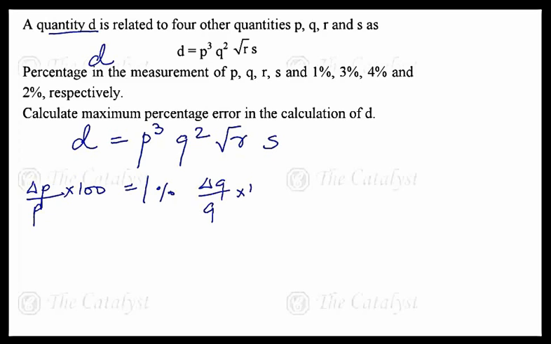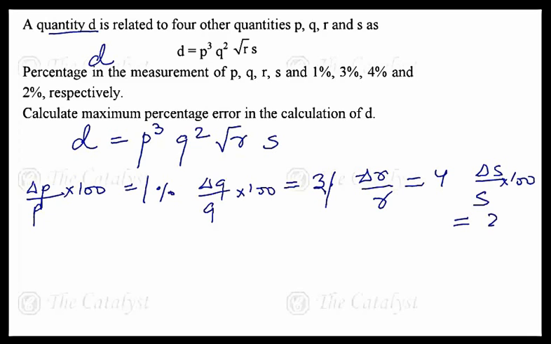Delta Q upon Q into 100 is 3%. Okay. Delta R upon R is 4% and delta S upon S into 100 is equal to 2%. Right? It is percentage error that is given to you. Now what will be the maximum percentage error in D?